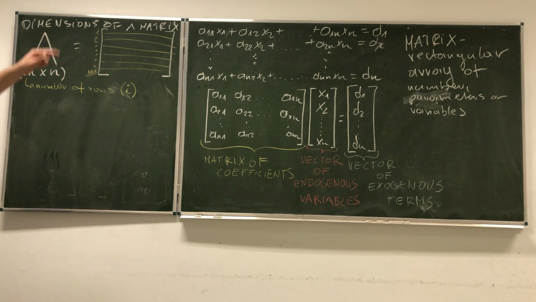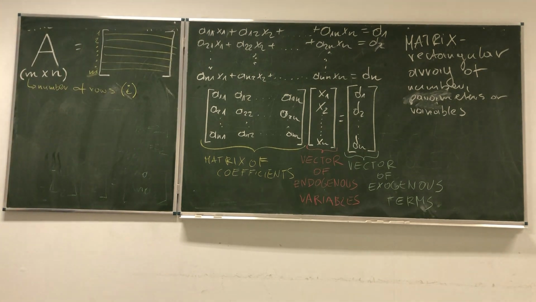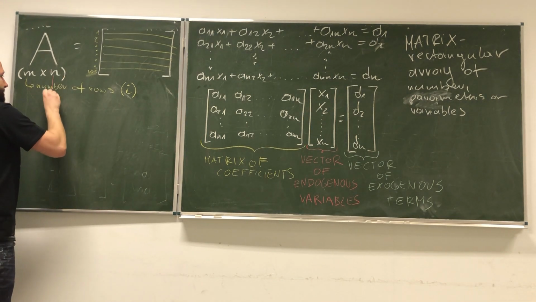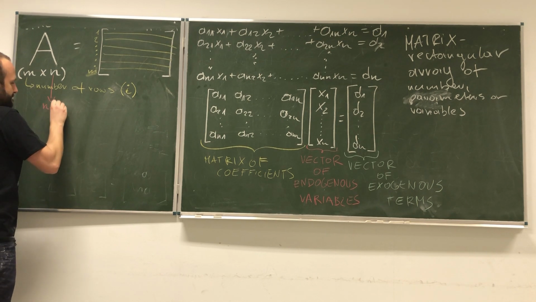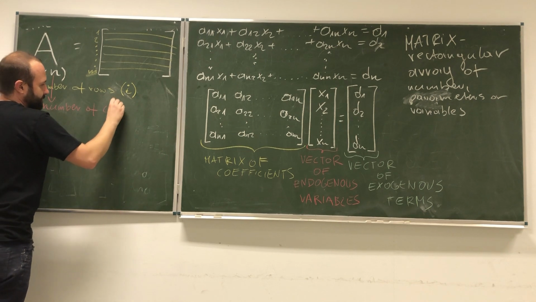Now, on the top, over here, we have columns, and n denotes the number of columns.